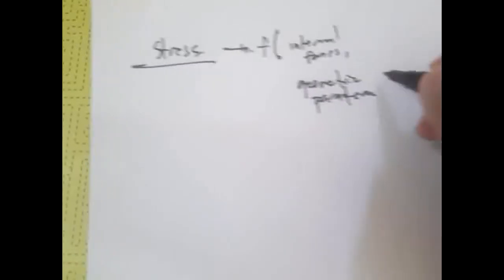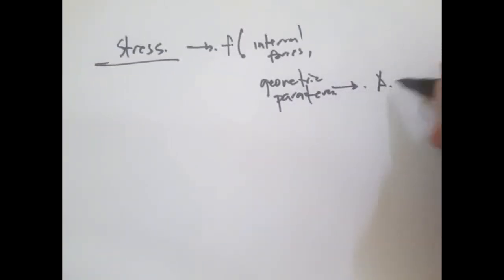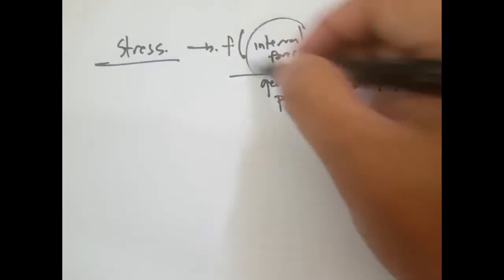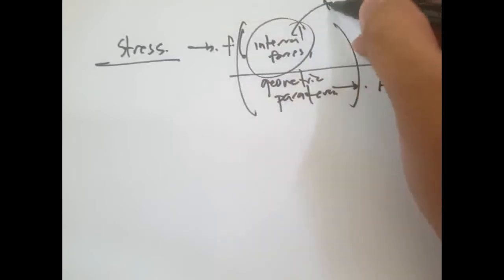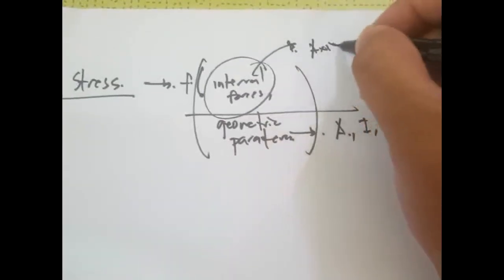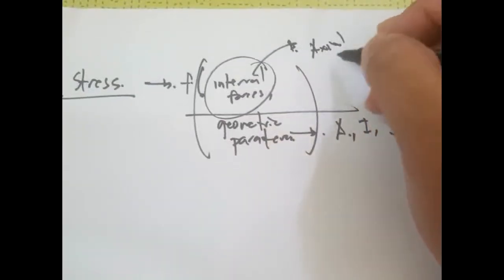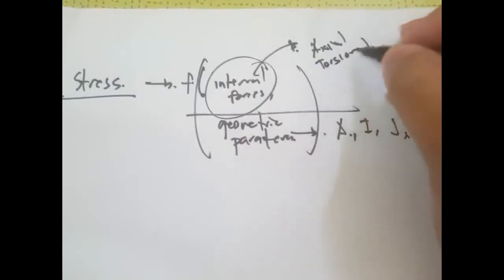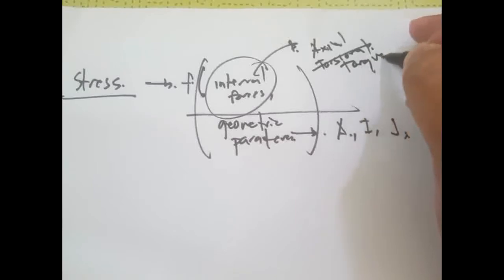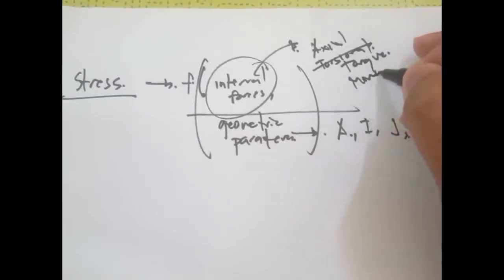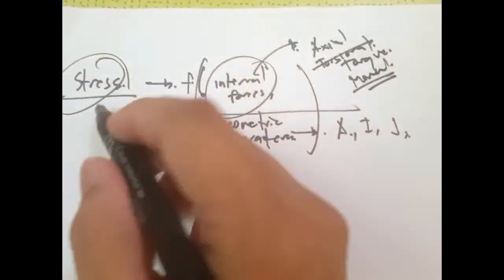So when you say geometric parameters, this includes area or moment of inertia or the polar moment of inertia. And when you say internal forces, this refers to the actual internal force, or the torsional, or torque. I think torque would be a better term, torque or moment. Okay, so this is the stress.